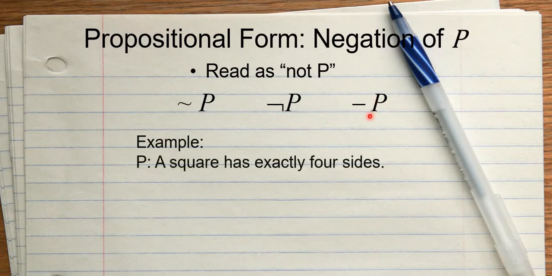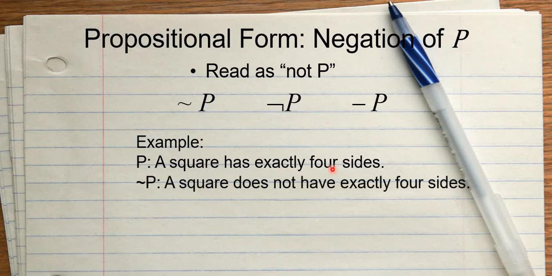So for example, let's say P, a square has exactly 4 sides. So if we're going to have not P, that would mean a square does not have exactly 4 sides. So that is how we do the propositional form, the negation of P.